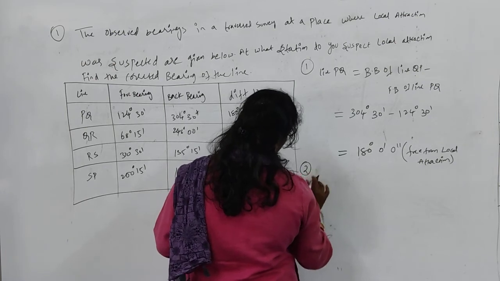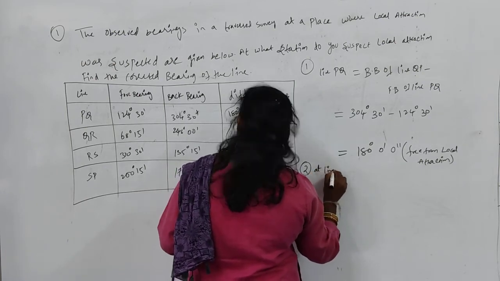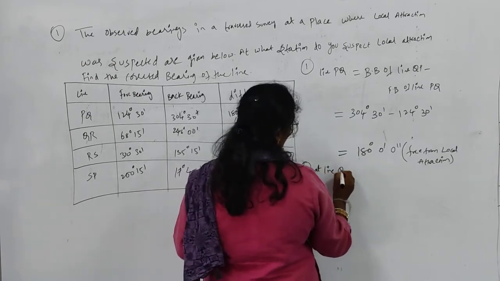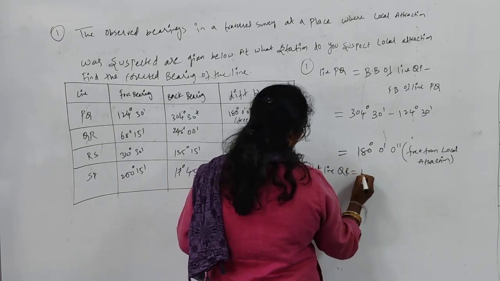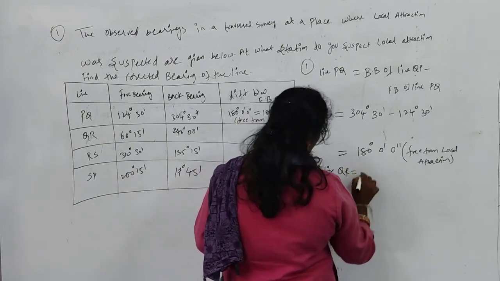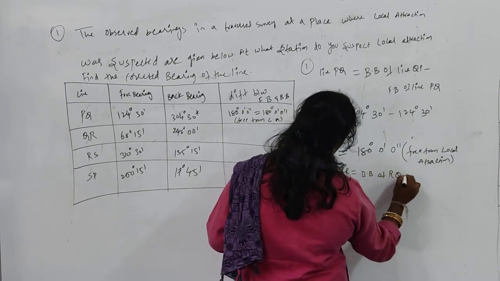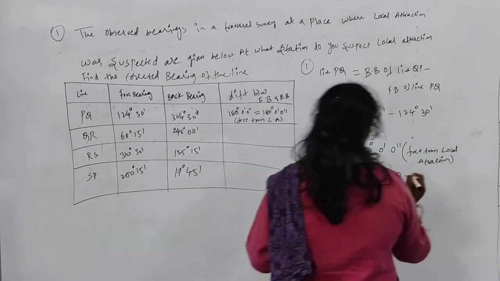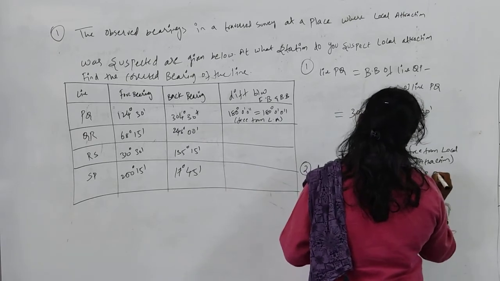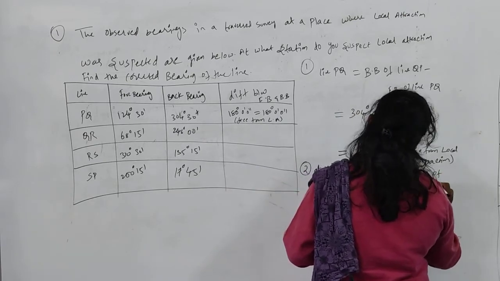So next one will be at line QR. Back bearing of RQ minus forebearing of QR.